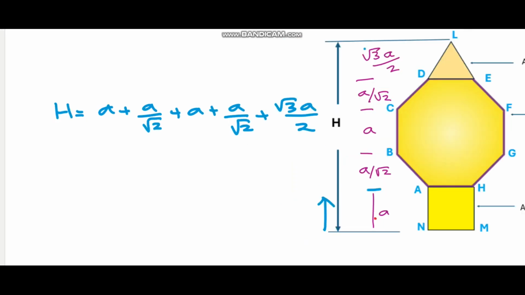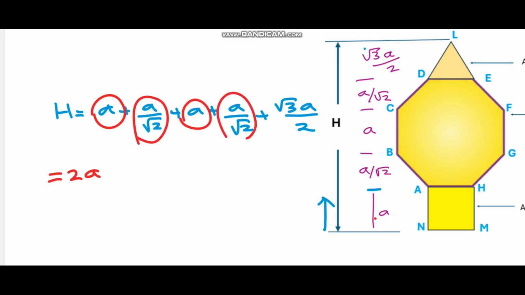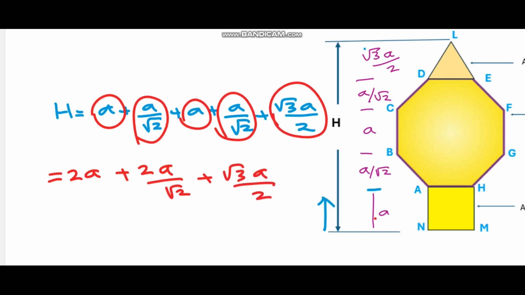Now we have A and A, so that's 2A. A over root 2 plus A over root 2, so 2 of those, and then we have root 3A over 2.